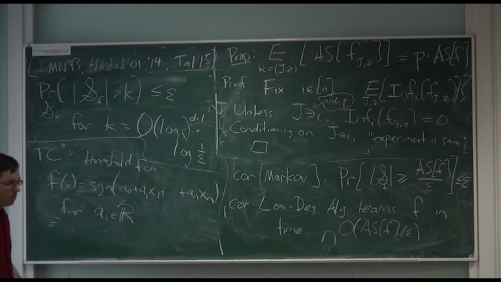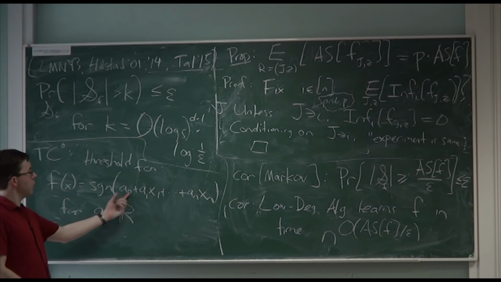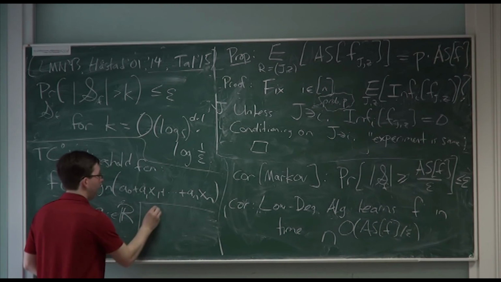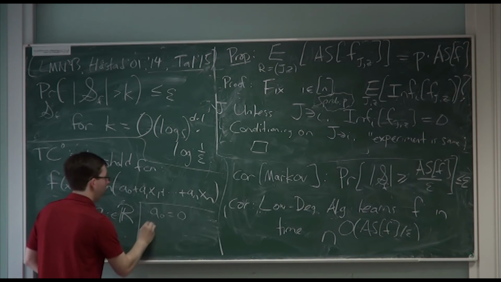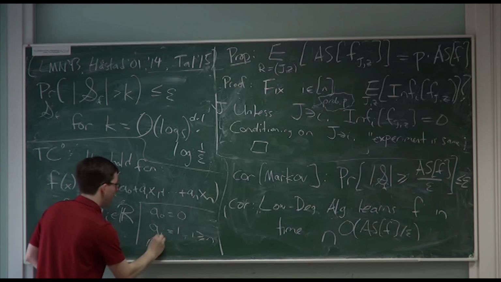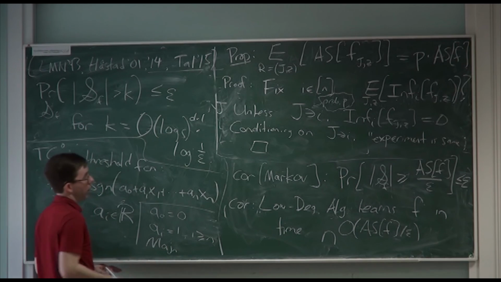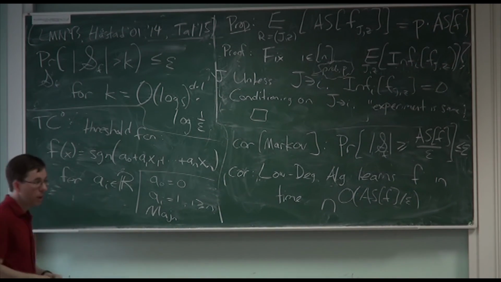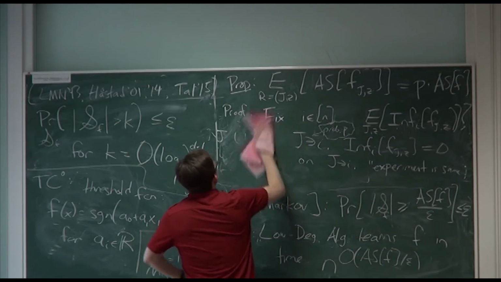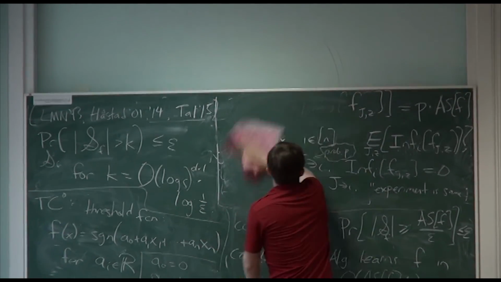So the most famous example of a threshold function is the majority function. That's when you take a0 to be 0 and all the rest of the ai's to be 1. This gives you majority. So another way to compute the majority of a bunch of bits is to add them all up and then take the sign. Great.